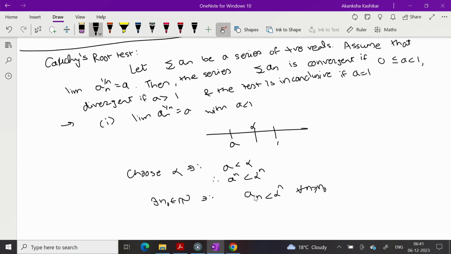Now alpha raised to n is a geometric series with alpha less than 1. The geometric series converges, therefore by comparison test summation a_n converges.